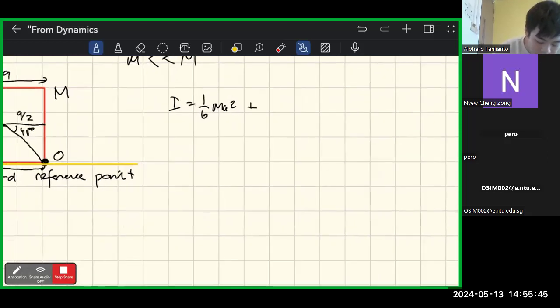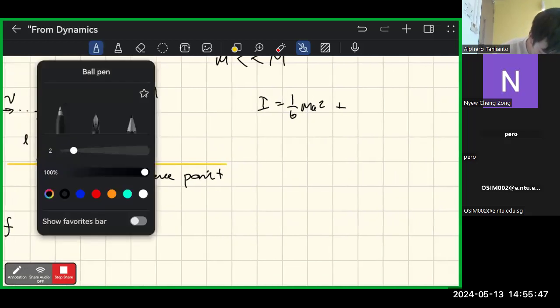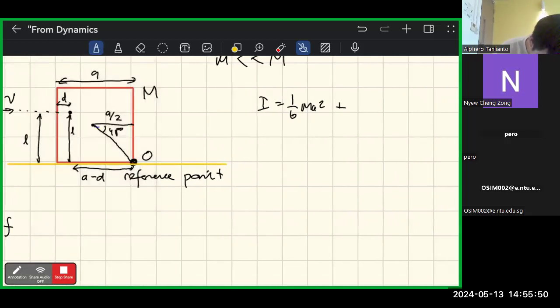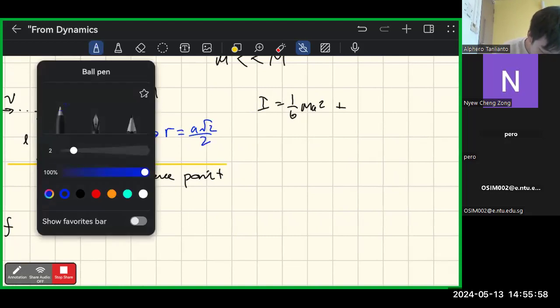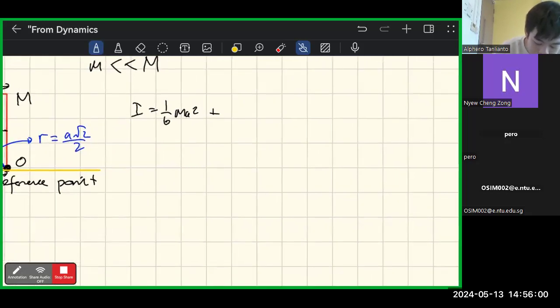So it's added. The length of, let's say, this blue line here, r, is a over 2 times square root 2, or a square root 2 over 2, added by the mass m times a squared 2 over 2 squared.